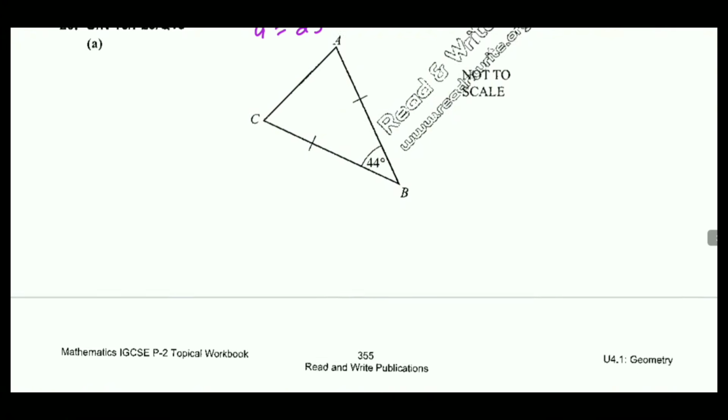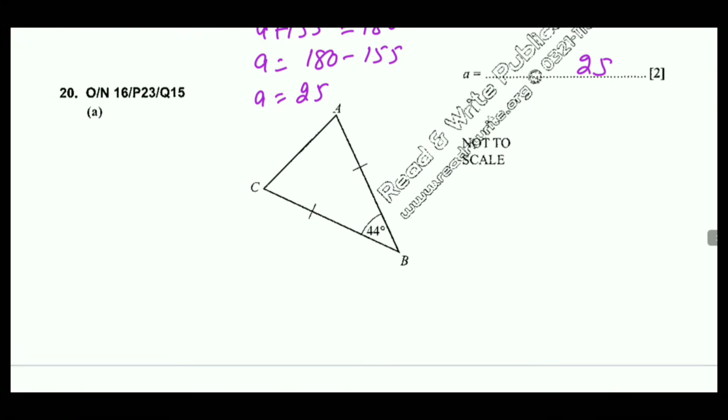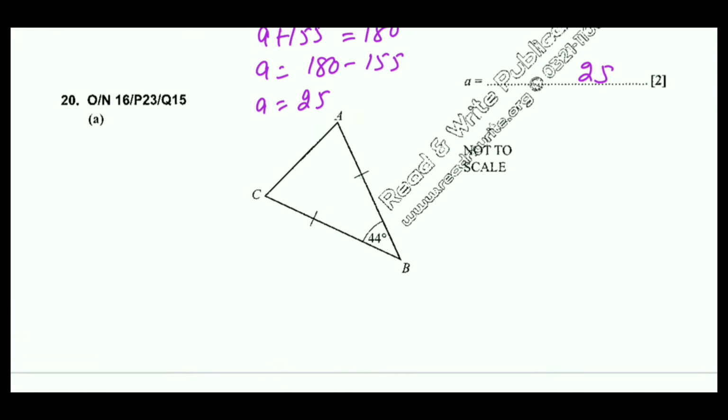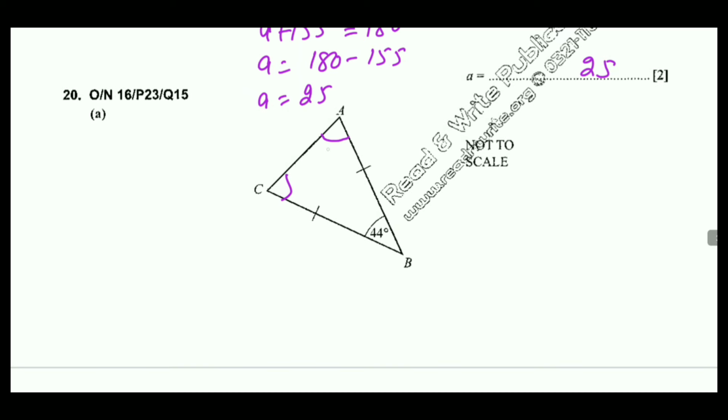20 question also we have to use here isosceles triangle. We can see this is an isosceles triangle because these two similar lines are given to you. It means that these two angles will be equal. If this is an isosceles triangle, then angle A and angle C will be equal. So how to solve it? If this will be x, this should also be x.